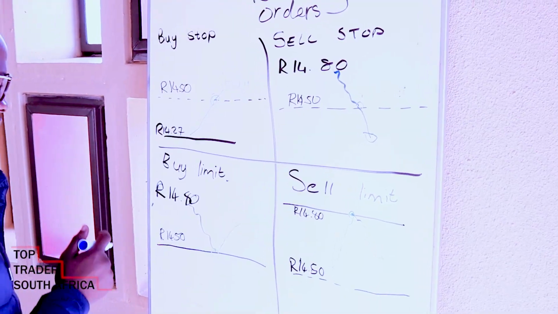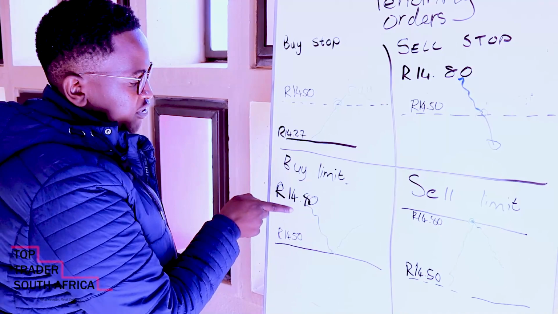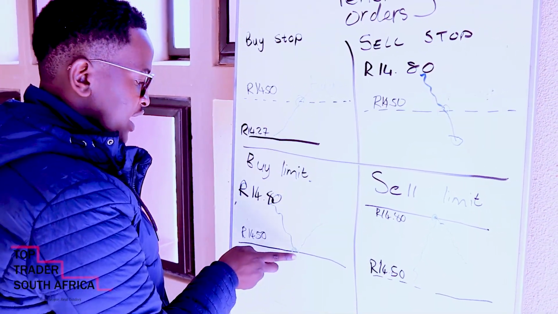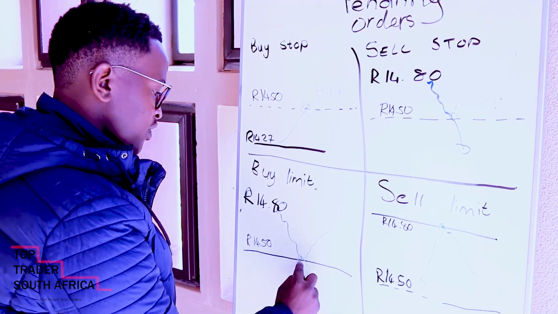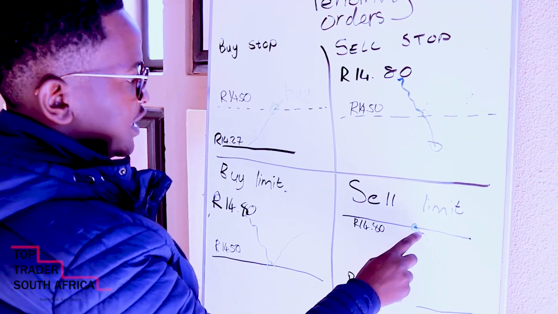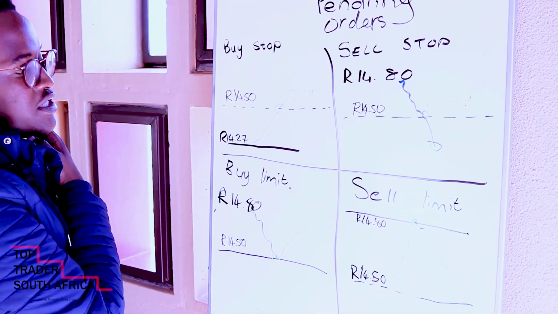So that is a sell limit. So for the buy and sell limits, a buy limit, if price is above where you're looking at, will work in that way. And if price is below the price you're looking at, the sell limit will work that way. So you can see where they differ.